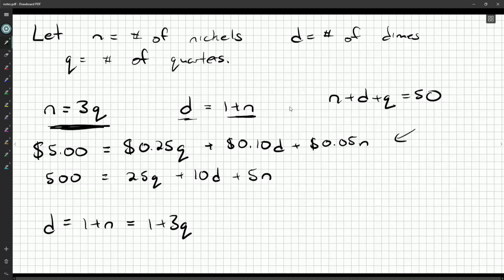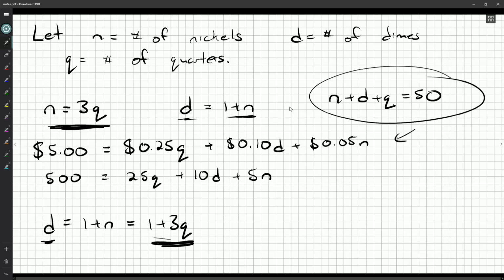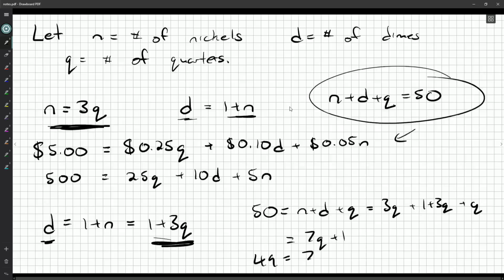Now that we've got dimes in terms of quarters and nickels in terms of quarters, we could plug them all into this expression and say, well, 50 is nickels plus dimes plus quarters, but that's 3q plus 1 plus 3q, that's the number of dimes, plus q. And so that's going to be 7q plus 1, so 49 is 7q. And so q is going to be 7.